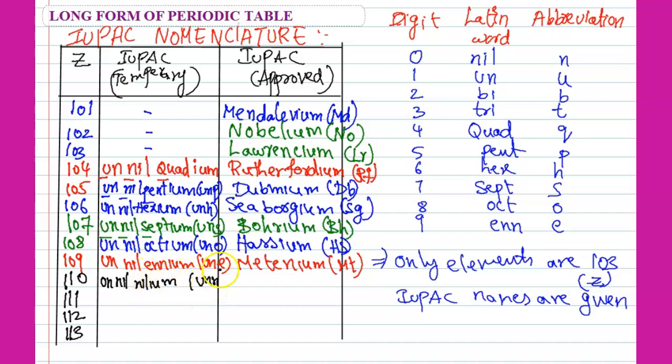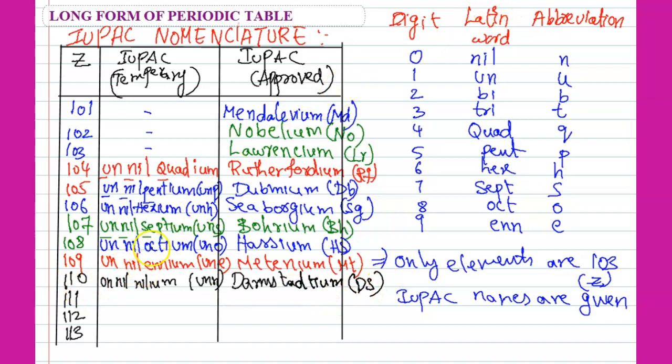So Uun. Its name is Darmstadtium, simply Ds.